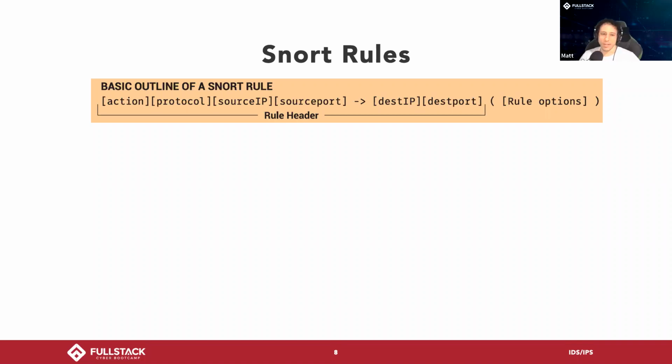What would the source port be? Any. Hard agree. Destination IP, 11.11.11.11. And destination port. It's a web server, so 80. Yep. 80. You can do 80, 443 if you want SSL on there too.